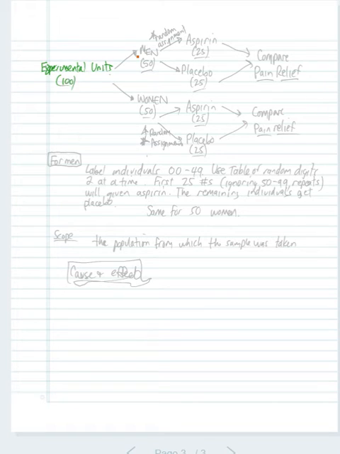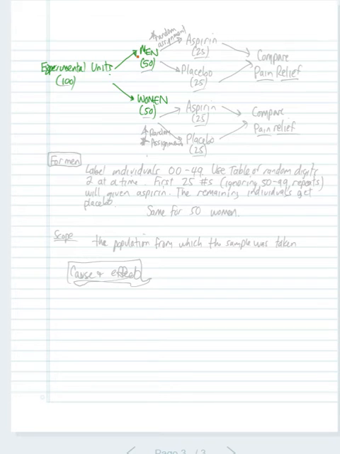So 100 people sign up to be part of this headache study to see if aspirin will improve headache relief. Now, for some reason, we think that men and women will behave differently. So we are going to first take our 100 experimental units and split them into 2 blocks, men and women. And let's say that it was an even 50-50. So there were 50 men and 50 women.